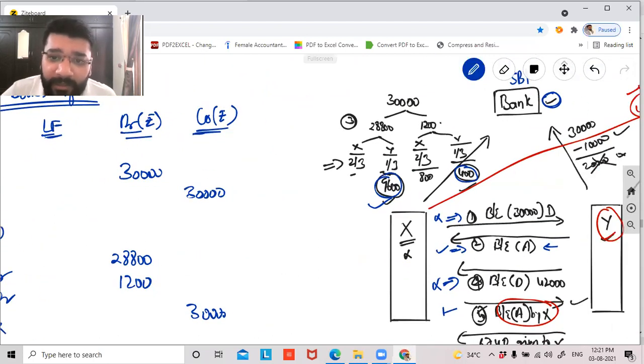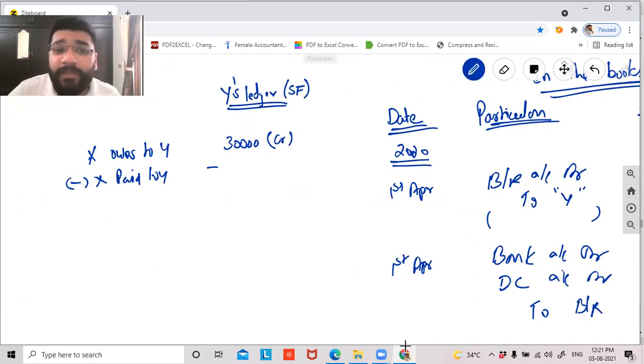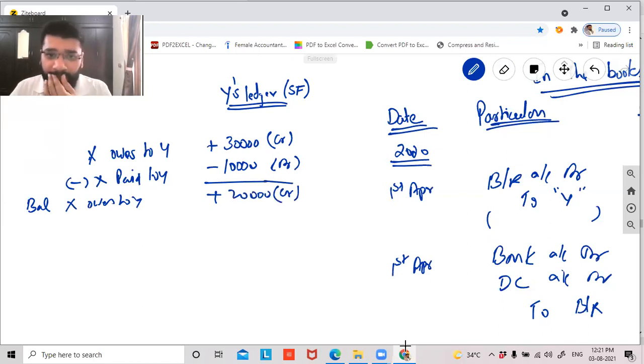Guys, this 9,600 is the money that went, and the proportionate expenditure is 400. So 10,000 worth of amount is being settled. So out of 30,000, 10,000 is being settled. So it will be debit. So what is the balance, guys? Can I say the balance X owes to Y is positive 20,000 rupees, which is a credit balance? Yes or no?